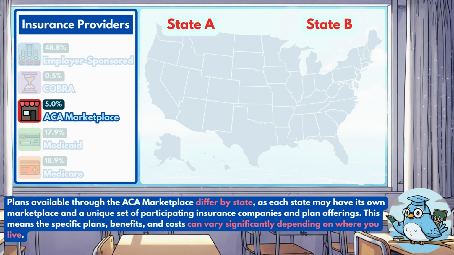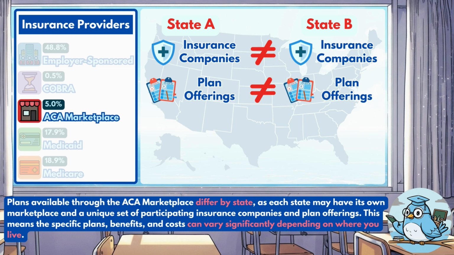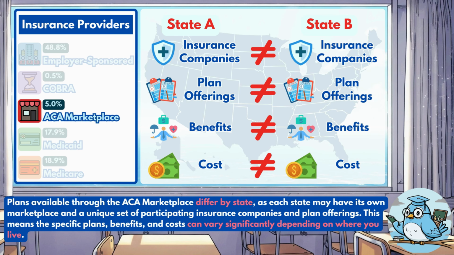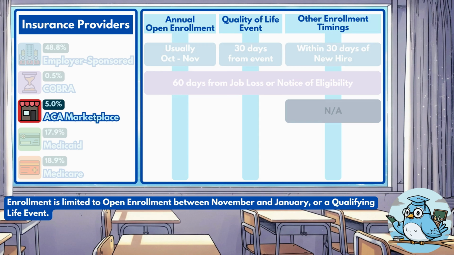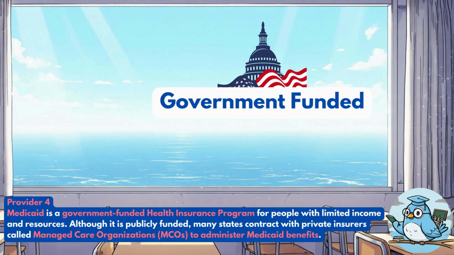Plans available through the ACA Marketplace differ by state, as each state may have its own marketplace and a unique set of participating insurance companies and plan offerings. This means the specific plans, benefits, and costs can vary significantly depending on where you live. Enrollment is limited to open enrollment between November and January or a qualifying life event.